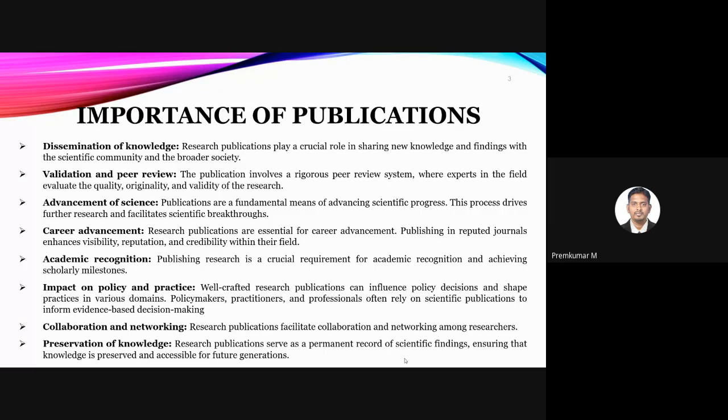When we submit papers to a journal, your paper will be reviewed by a minimum of 3, sometimes up to 10 reviewers. When we get comments from the reviewers, we come to know whether we are doing the research in the right way or not. So even for validation and peer review, publications are very important.